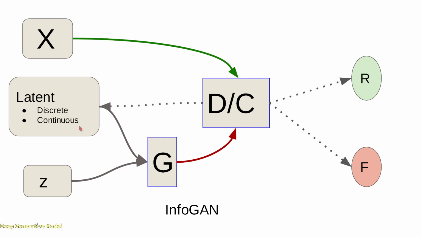So what we want to do is randomly generate the condition, and we also have some random latent right here, and send them into the generator. Instead of just having a discriminator, we also have a classifier.